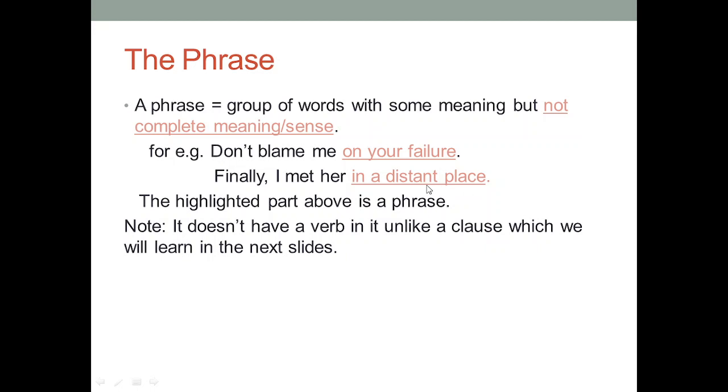So it is a phrase. Remember this fact: when a group of words makes some sense but not complete sense, you get the idea that it is incomplete. So that is a phrase.